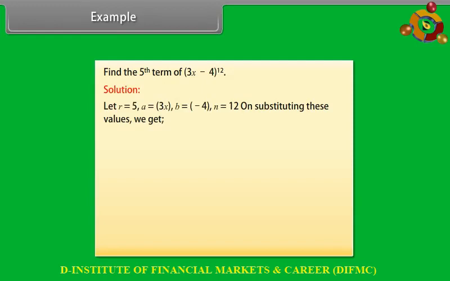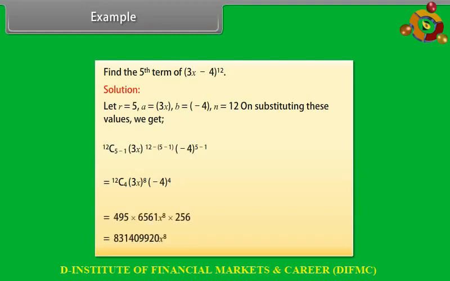On substituting these values, we get 12C(5 minus 1) into (3x) raised to the power (12 minus 5 minus 1) into (minus 4) raised to the power (5 minus 1), which is 83140992 0 into x raised to power 8.